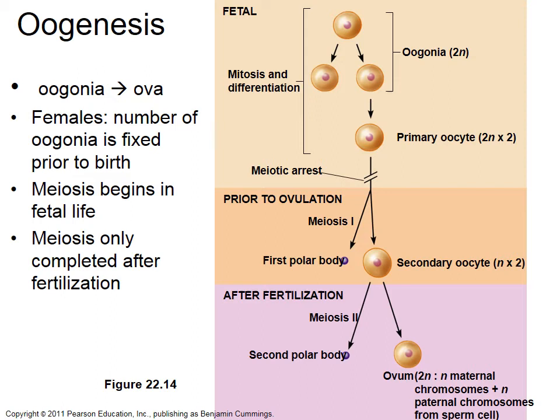What happens is, prior to ovulation during the menstrual cycle, one or sometimes two, or if you take fertility drugs, sometimes 6 to 8, if you end up having quintuplets or something, start undergoing meiosis. So you get meiosis 1, which is the first round of cell division.